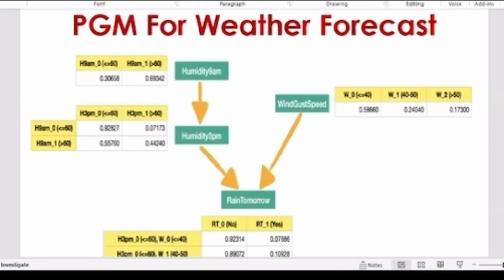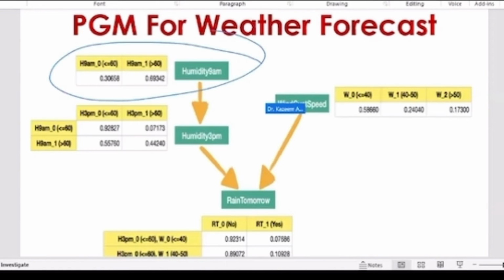Now take a look at humidity at 9 a.m. 30 point something percent of the time it is less than or equal to 60, and 69 point something percent of the time it is greater than 60. You can see the random variable, and of course the probability of rain tomorrow. This is going to be based on humidity at 3 p.m. and wind speed, and we are expecting how many cells?